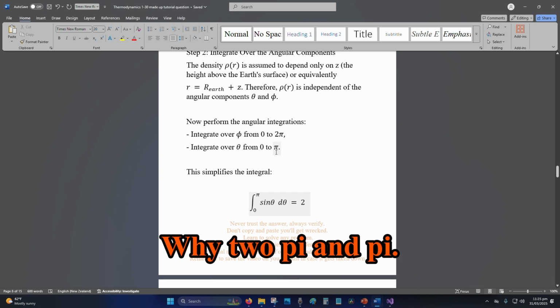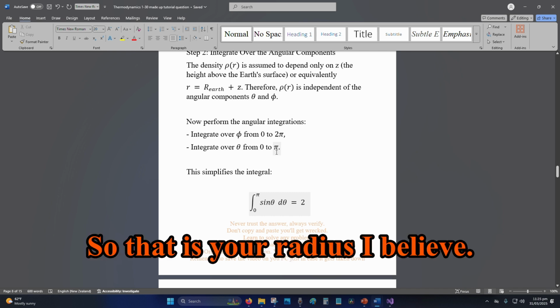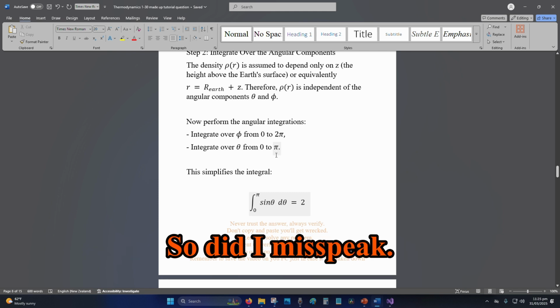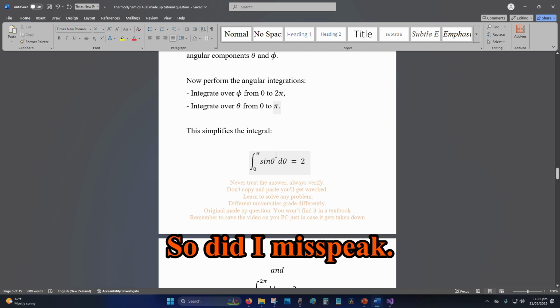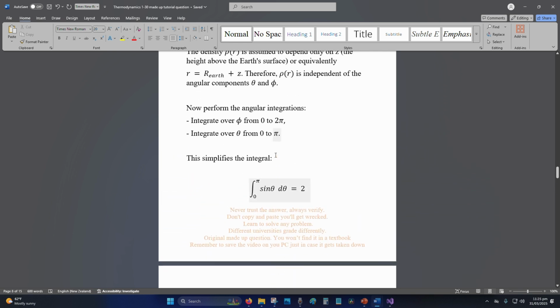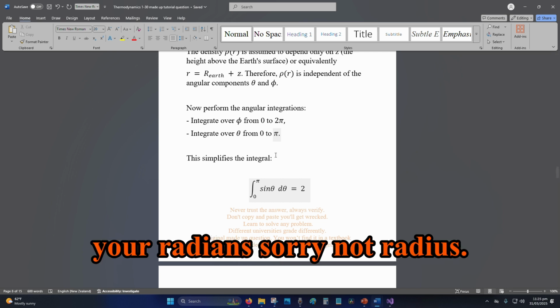Why 2 pi and pi? So that is your radius, I believe. Okay. So, did I misspeak? I think 2 pi and pi is your radians.